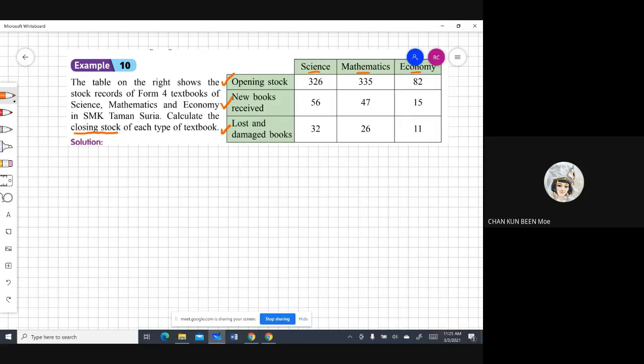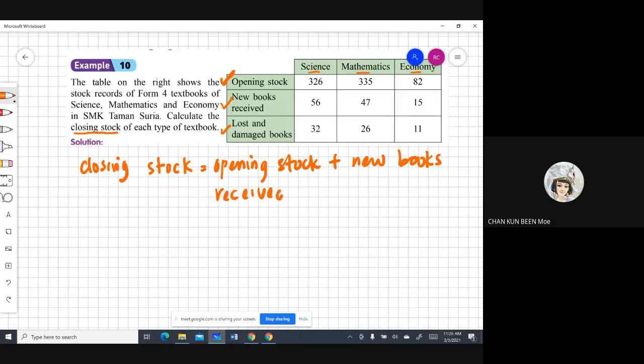You are going to start with the formula first. Okay, so I'm going to write down the closing stock is equal to opening stock plus new books received minus lost and damaged books.